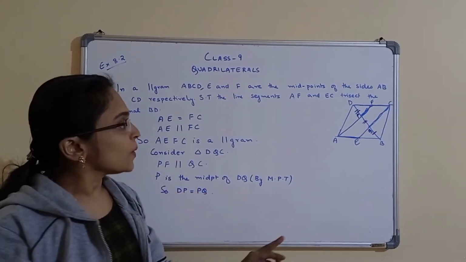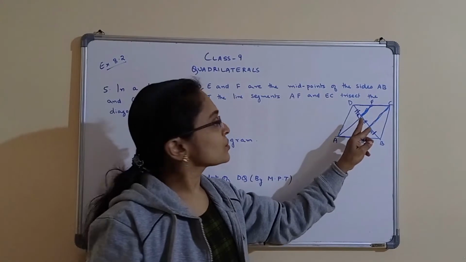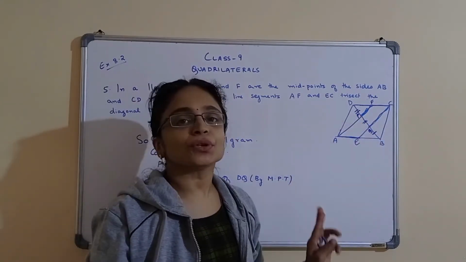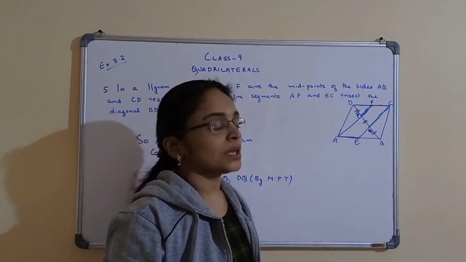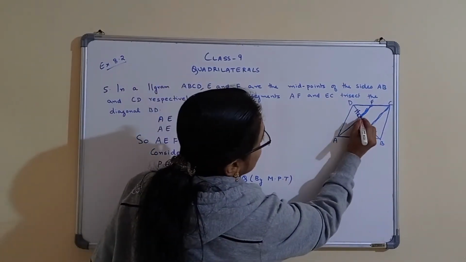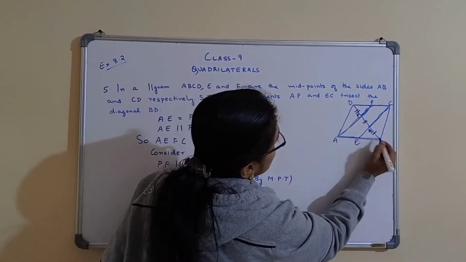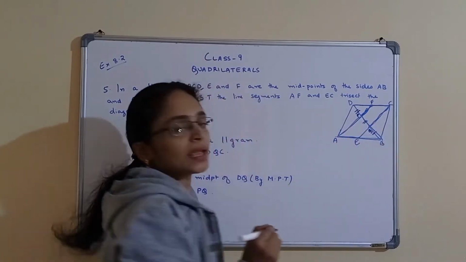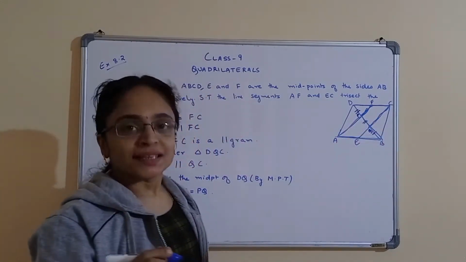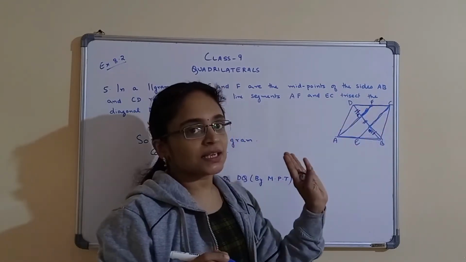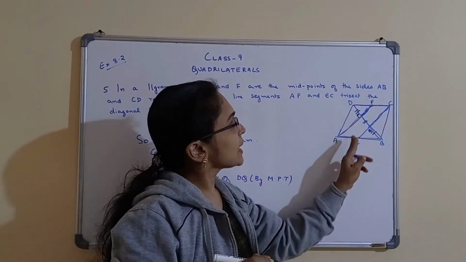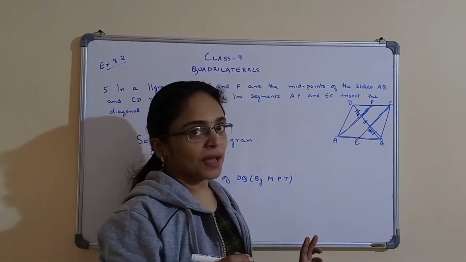Now we have to show that PQ is equal to QB. Then we will get DP is equal to PQ is equal to QB. So, take triangle ABP. Here, since AECF is a parallelogram, AP and EQ are parallel.